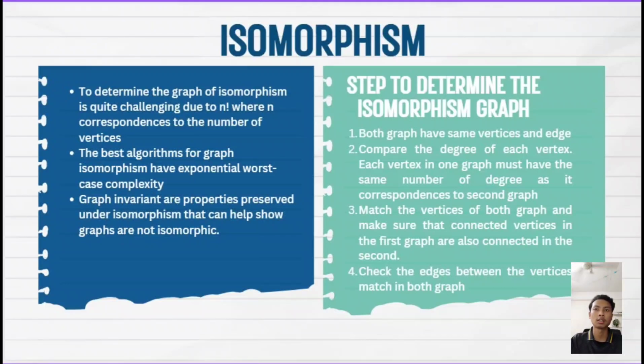Third, match the vertices of both graphs and make sure that connected vertices in the first graph are also connected in the second. Lastly, check the edges between the vertices matched in both graphs.